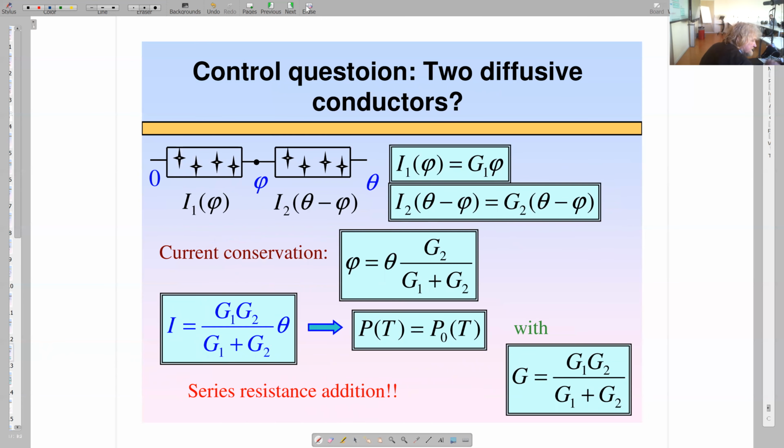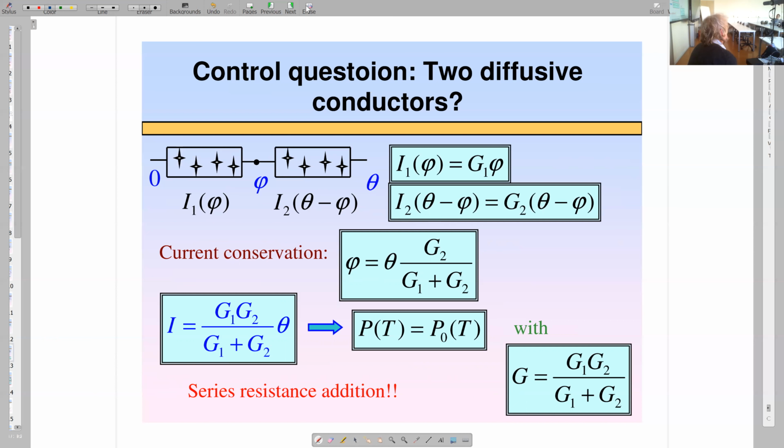Good. Counter question, which you can perhaps figure out by yourself, but let us talk a little bit. What will happen if we combine two diffusive connectors? I can argue it in very simple terms. The resultant circuit, since we combine two linear elements, will be linear.